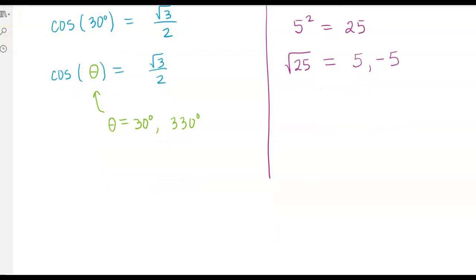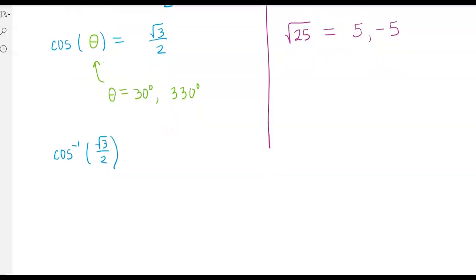So it would look like cosine with a little -1 above, and then it'll give you the value. What this is asking is what angle has a cosine value of square root 3 over 2.